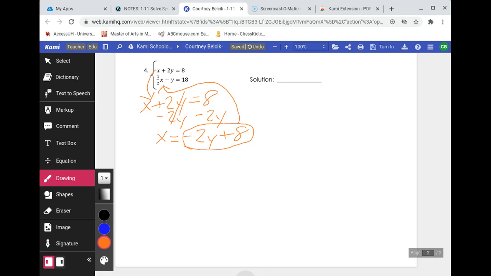So pause the video and write your new equation. So your new equation should be 1/2 times x, but x is negative 2y plus 8, minus y equals 18.